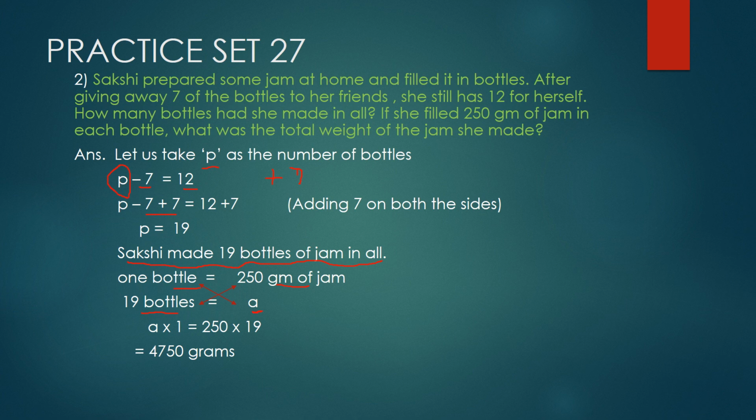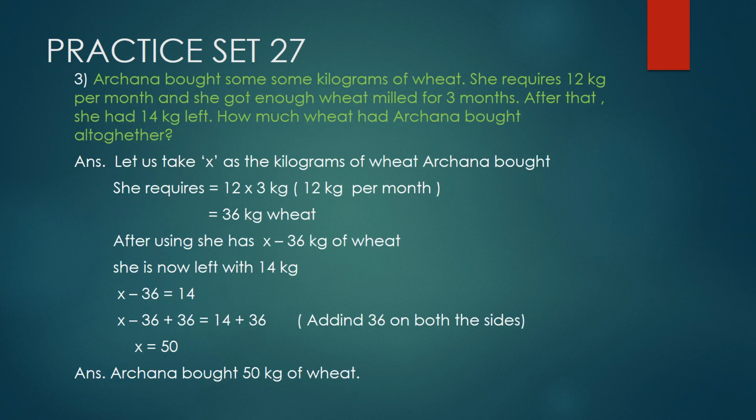So 19 bottles we don't know, so I'm considering it as A. Okay, so one bottle has 250 gram. So how many will 19 bottles have? 250 into 19. Correct. So your answer is 250 into 19 goes as 4750 grams. So the total weight of jam Sakshi made is 4750 grams.